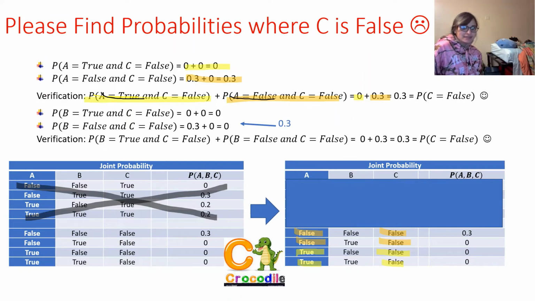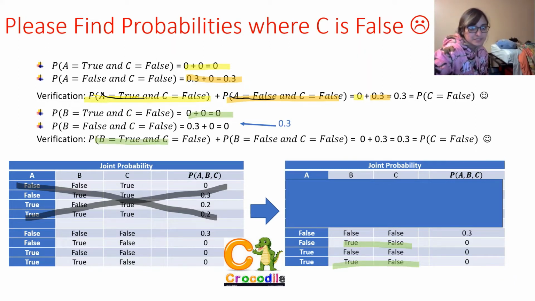So similarly, we're also going to focus on the B part of it. We're going to see the probability that B is true and C is false. That's just going to be equal to 0 plus 0, which is 0.